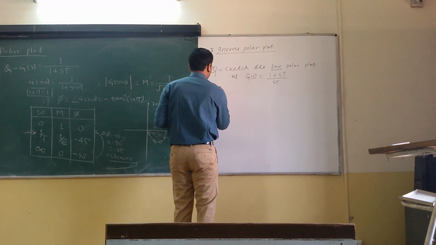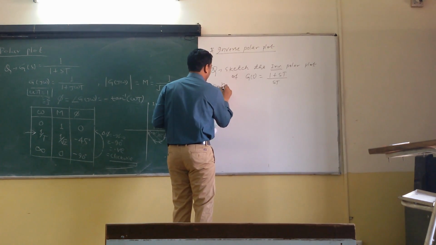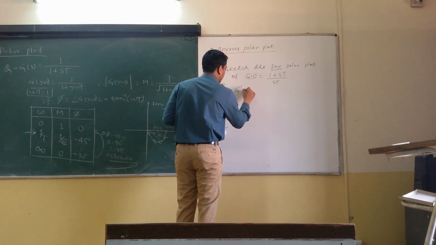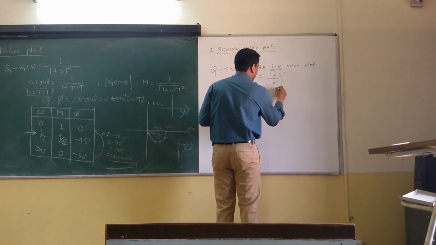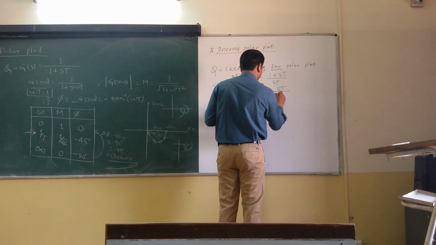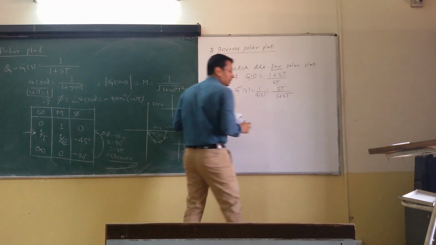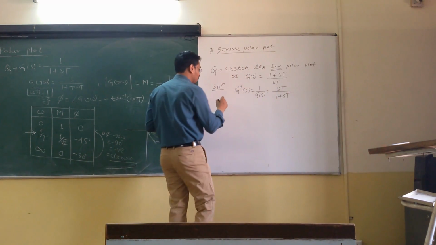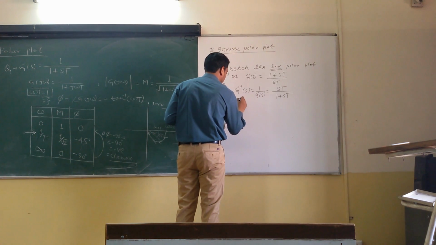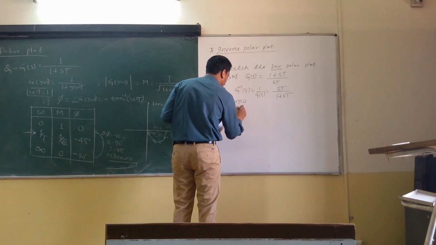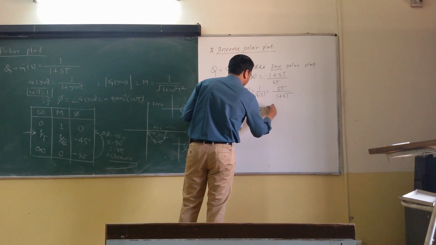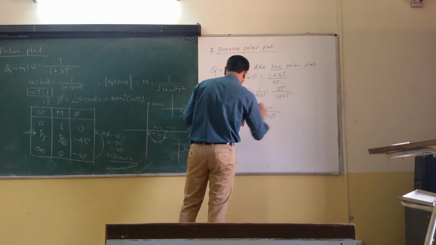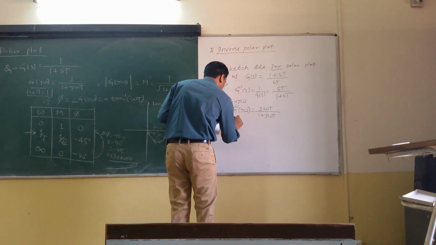So in the solution you have to plot G inverse(s), or you can say 1 upon G(s). So you will get sT upon 1 plus sT, and by putting s equal to j omega, G inverse(j omega) will be equal to j omega T upon 1 plus j omega T. So what will be the magnitude?